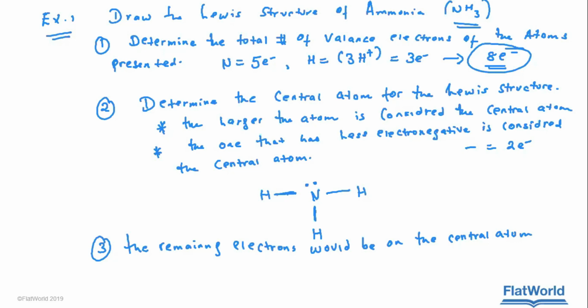Before we discuss formal charges and other further topics, I wanted to make sure that all of you understand how to make a Lewis structure for a certain molecule or ion. So, for example, let me do a second example.